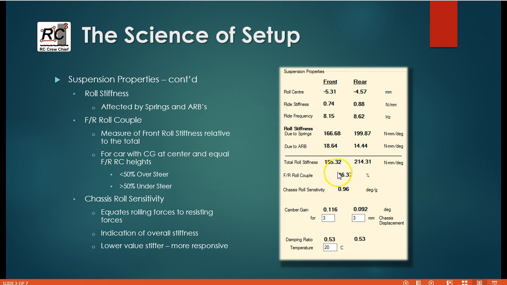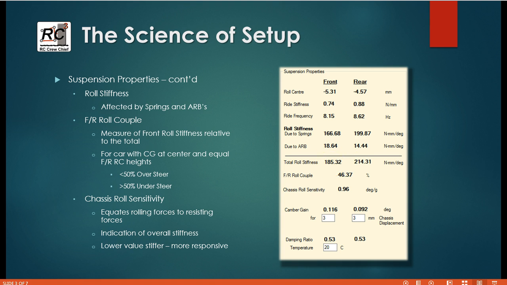Next is the front to rear roll couple, and this is a very good indicator of whether you're going to be moving the car's handling towards over or understeer. What it is is just the ratio of the front roll stiffness to the total roll stiffness, which gives you this roll couple expressed as a percentage. So if this number is 50%, that would mean that the front and rear roll stiffness are exactly the same.